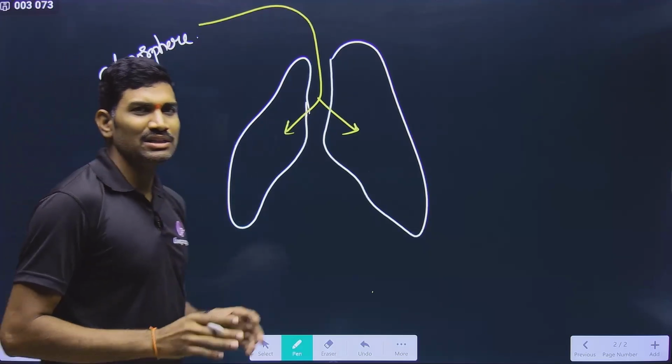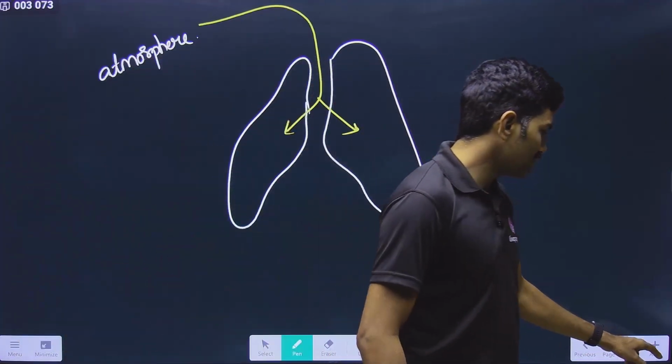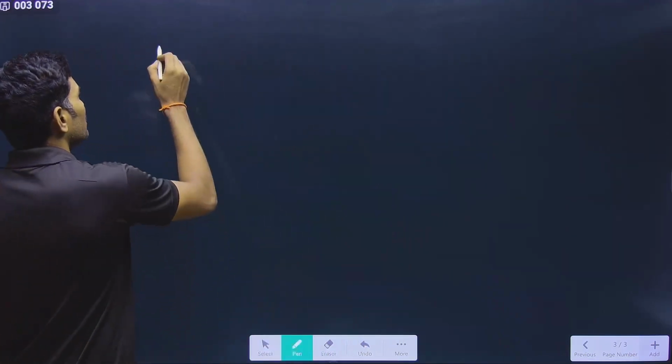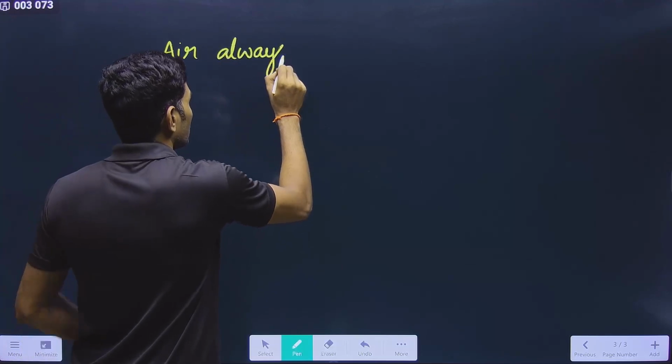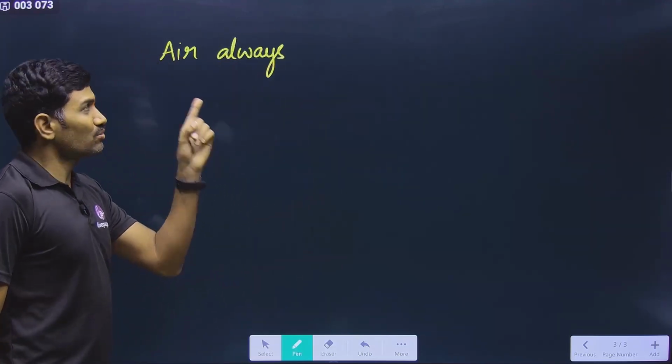Now please understand, in chemistry we study these things. Please remember, air always moves from high pressure to low pressure. This is the important concept, this is the logic, and the entire mechanism is based on this logic.